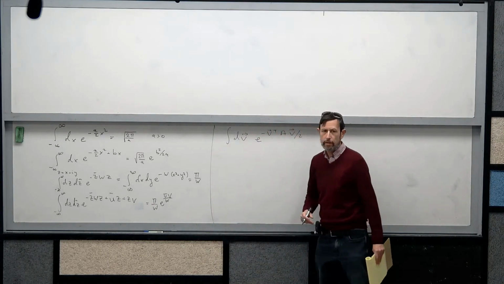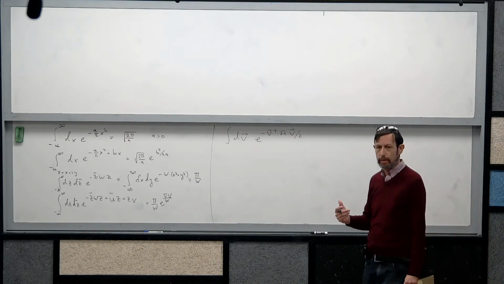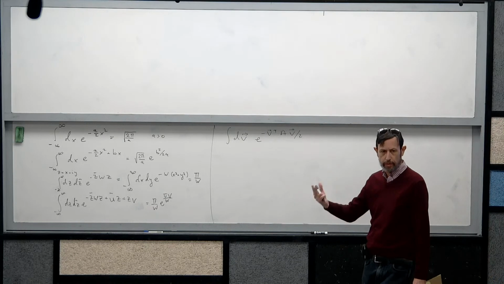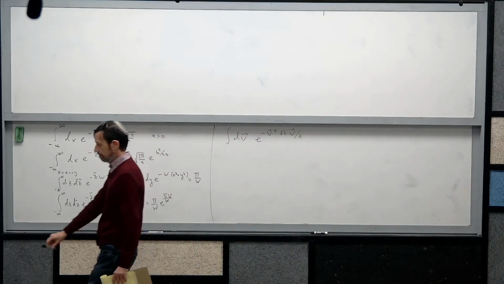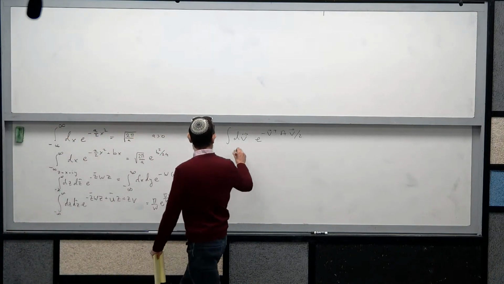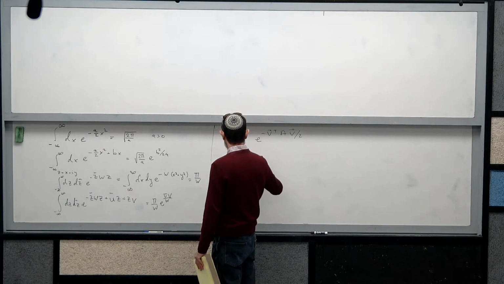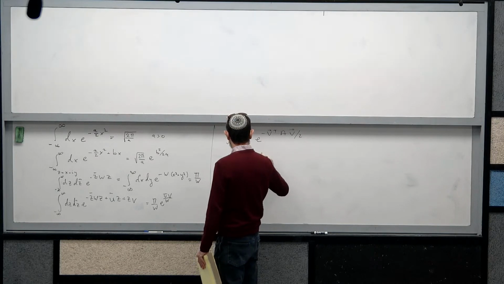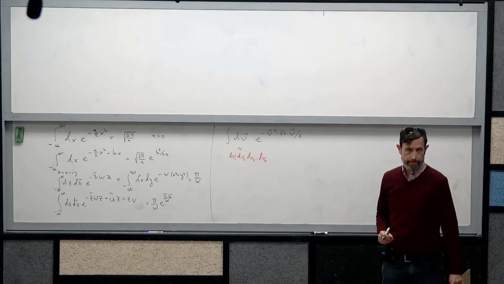So this is an integral over a vector, meaning something that has parameters v1, v2, v3 till vn. So this is simply okay.